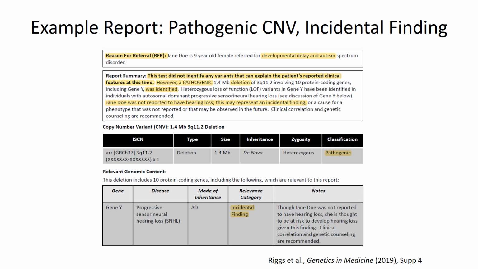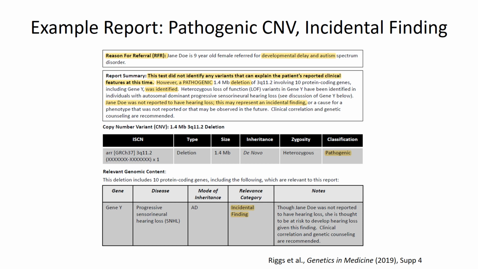This example report describes a pathogenic CNV. Here, a deletion associated with progressive hearing loss, identified in the workup for a child with developmental delay and autism. In this example, the report clearly states at the beginning that this test did not identify any variants that can explain the patient's reported clinical features.